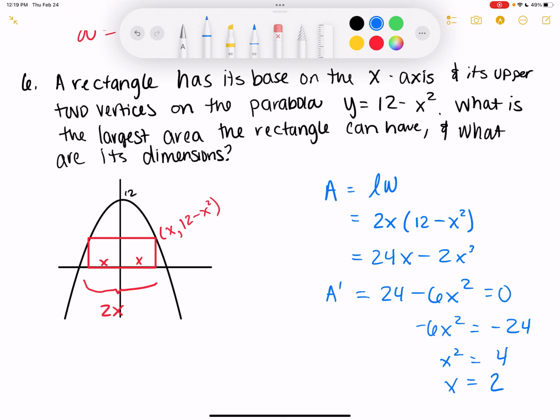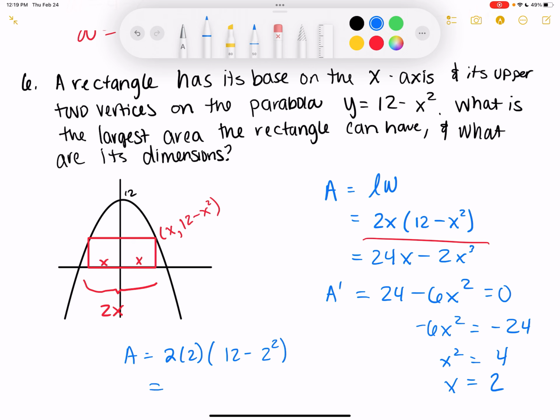So I want to know what the largest area the rectangle can have is. So I'm going to plug this back in to this original area equation here. Area is equal to 2 times x, which is 2 times 12 minus 2 squared.